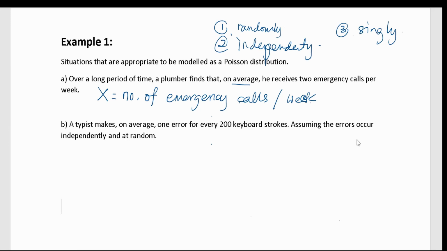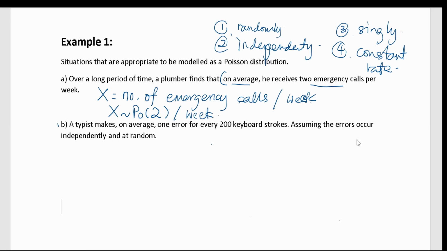It means they cannot occur at the same time; the emergency calls come one after the other. And there will be a constant rate, which in this case is given by the sentence: on average, he receives 2 emergency calls per week. Hence, this situation can be modeled as a Poisson distribution with a mean of 2 per week.